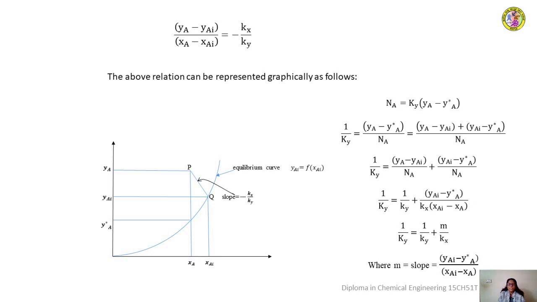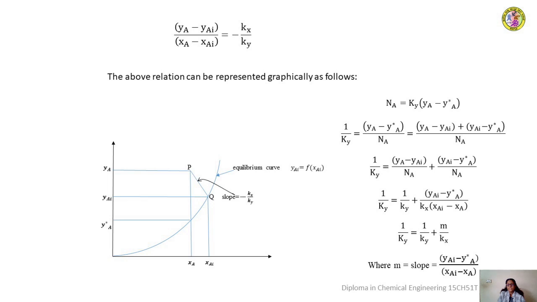So, we need both the terms inside the bracket in terms of Y. So, for XA, we can write YA star, which is the corresponding equilibrium concentration in gas phase to XA. So, YA star is a good measure of XA. So, we can write the equation as NA equals capital Ky into YA minus YA star.